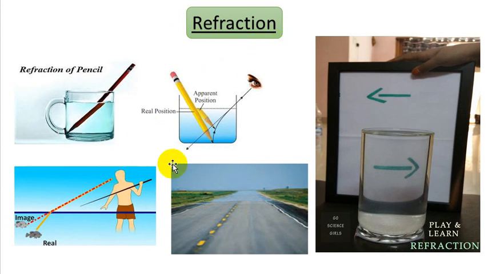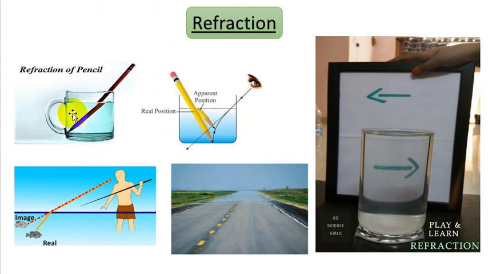Or, for example, this arrow: when you observe it through a glass of water, the arrow is reversed. All of these, guys, are examples of refraction. Refraction is the bending of light when it travels through a medium.